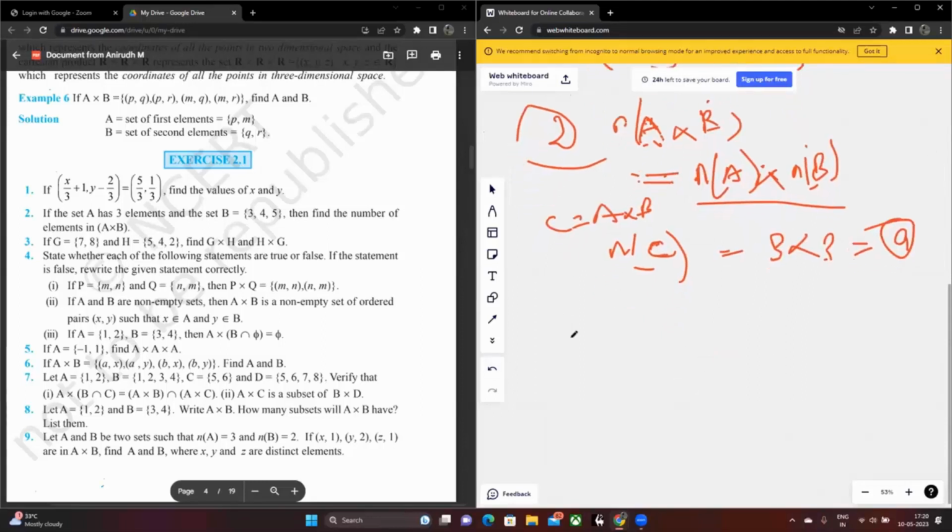If you want to check, you can make A into an arbitrary set of elements a, b, c, where a, small b, small c are variables.